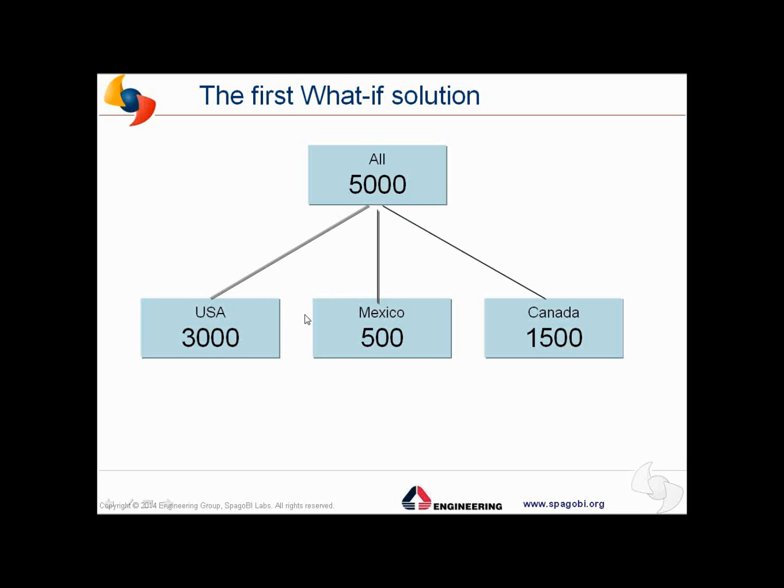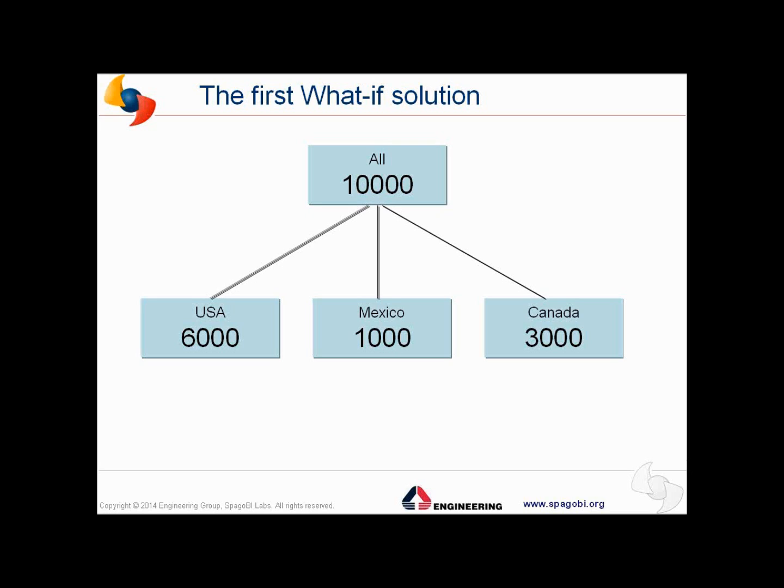Okay. Now suppose I want to double all the store sales for all countries, and then I want to see how this change impacts the United States. Okay, it's a very silly example, but it will clarify the algorithm. Okay.